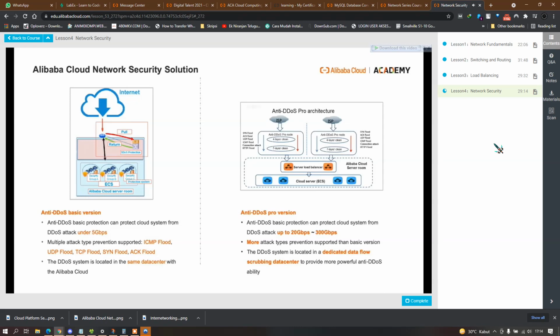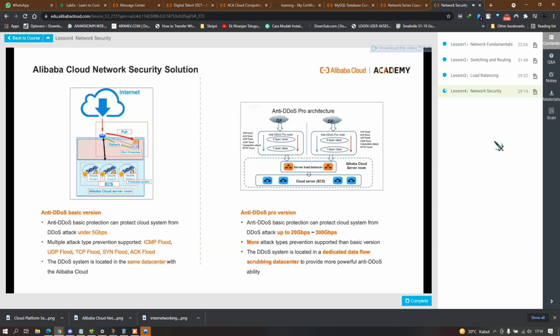And the last point is that the DDoS system for the basic version of the anti-DDoS is located in the same data center as Alibaba Cloud. There will be some individual servers that are used to do the anti-DDoS function for the basic version. But for the professional version, the DDoS system is located in a dedicated data center, which is different from the basic version.